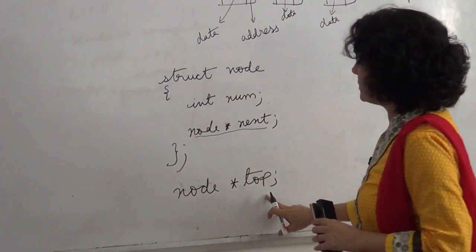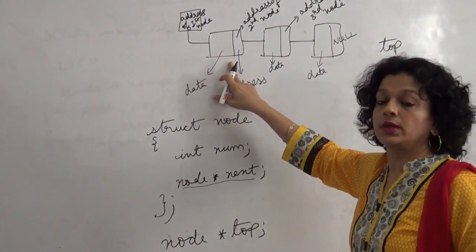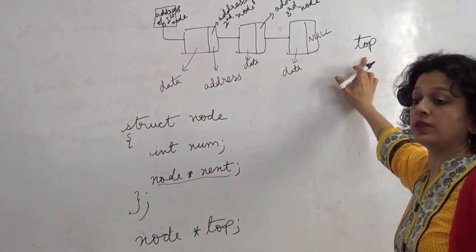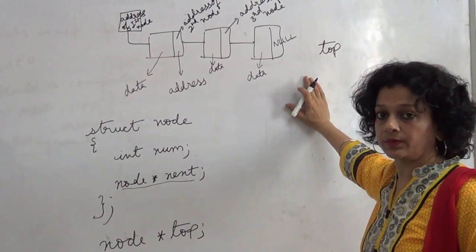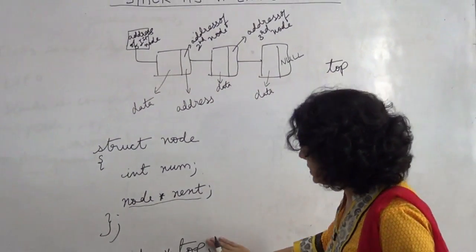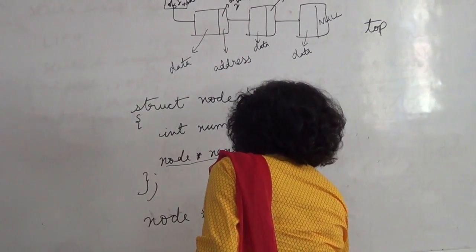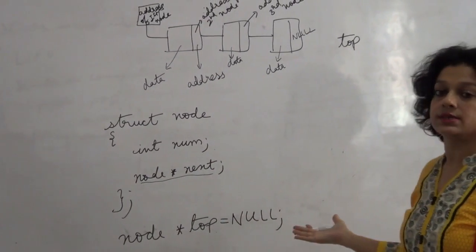Again the type of top is node because top is also going to store the address of node type only. Now the function of top is to keep track of the top position of the stack. And initially, I will initialize this variable top by the value null, which indicates that it does not have any address and initially the stack is empty.